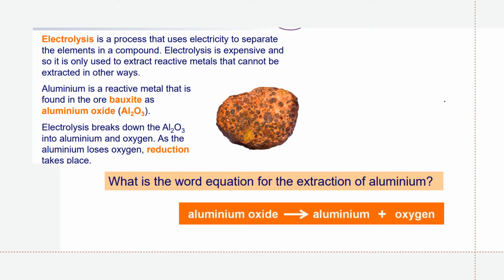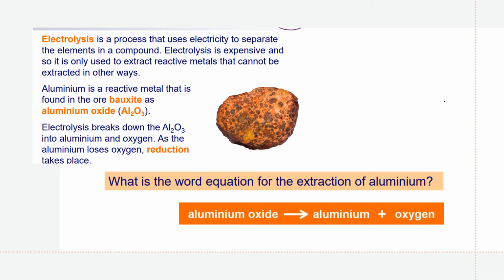Electrolysis is a process that uses electricity to separate the elements in a compound. Electrolysis is expensive, and so it is only used to extract reactive metals that cannot be extracted in other ways. Aluminium is a reactive metal that is found in the ore bauxite as aluminium oxide, Al2O3.